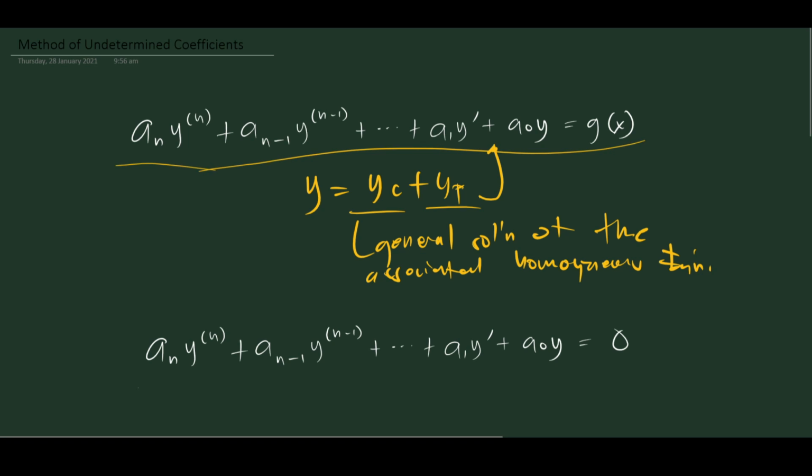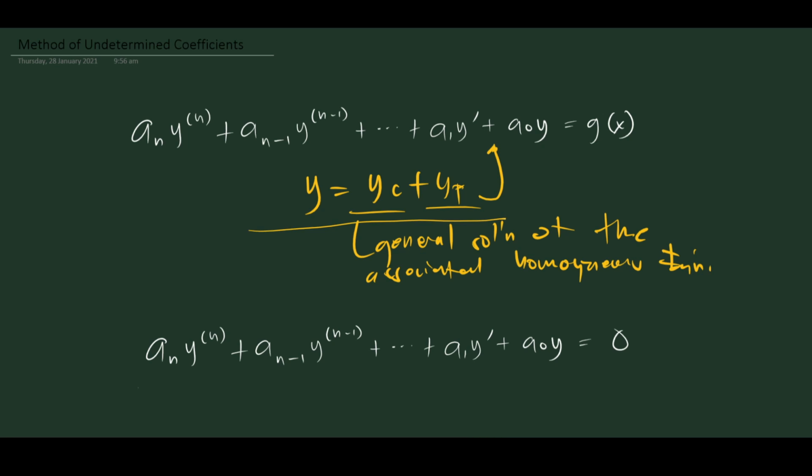It will satisfy our equation. Now if you get that using the method of undetermined coefficients, we can then get the whole general solution of our non-homogeneous equation. So that's basically it for the concepts that we need to review.